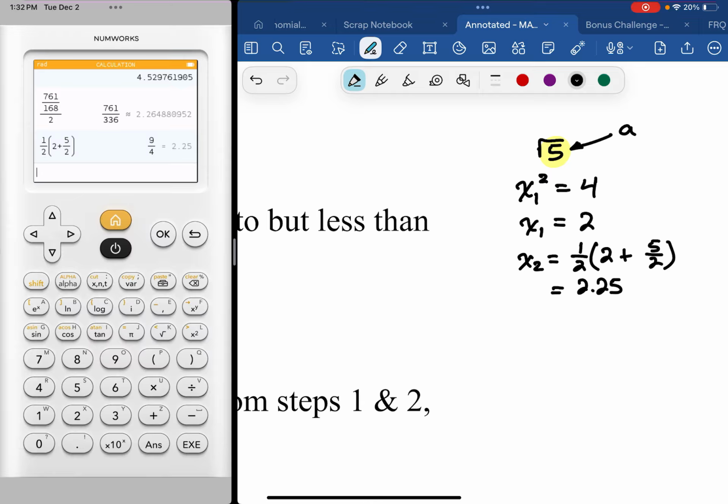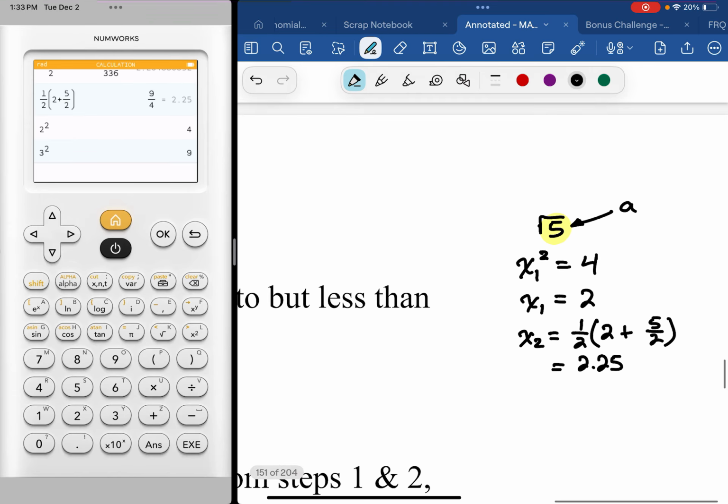All right, so I know that the value that I'm looking for is somewhere between 2 and 3. Right, and the reason I know that is because 2 squared is 4, which is below whatever the radicand is. 3 squared is 9, which is too big.